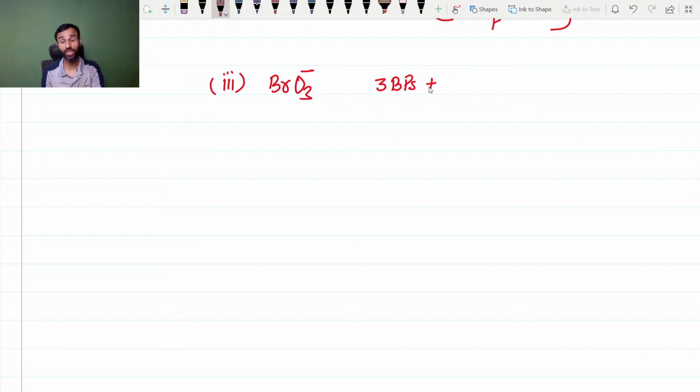There are 3 bond pairs, as per VSEPR theory, valence shell electron pair repulsion theory. According to that, it has 3 bond pairs because only sigma bonds are taken into account.